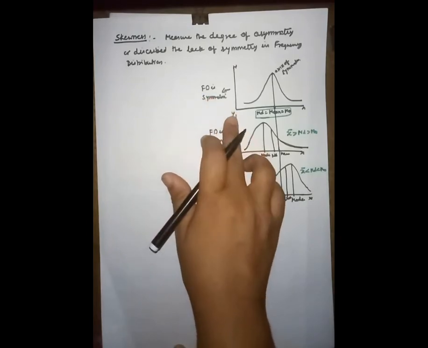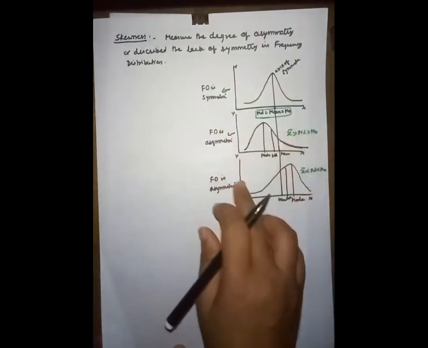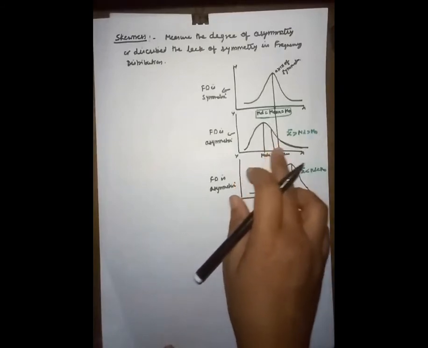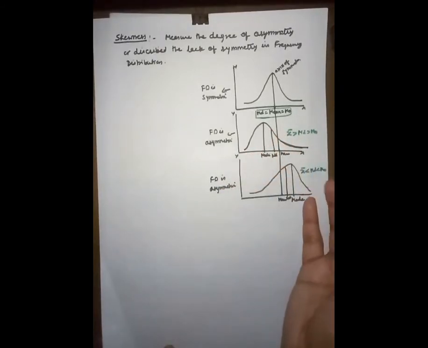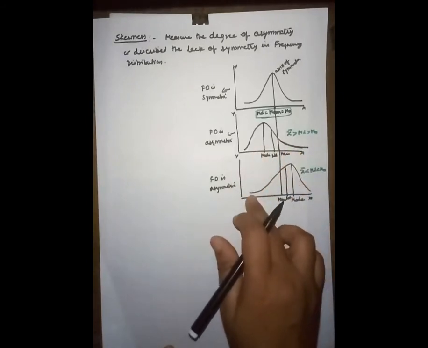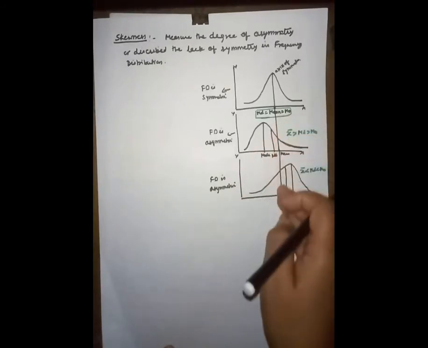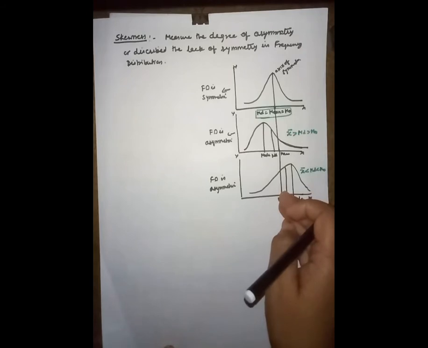A frequency distribution is said to be skewed if the frequencies are not equally distributed on both sides of the central value, right?